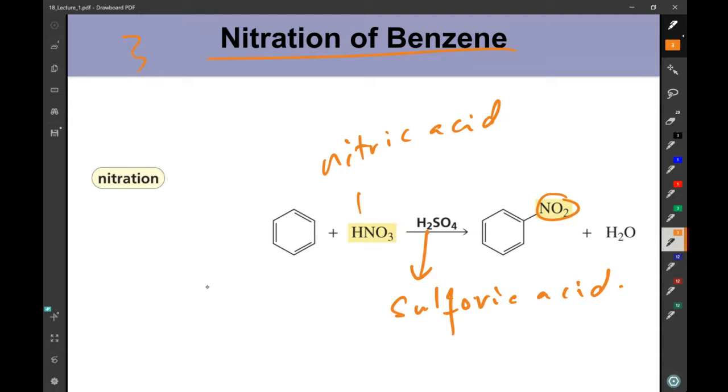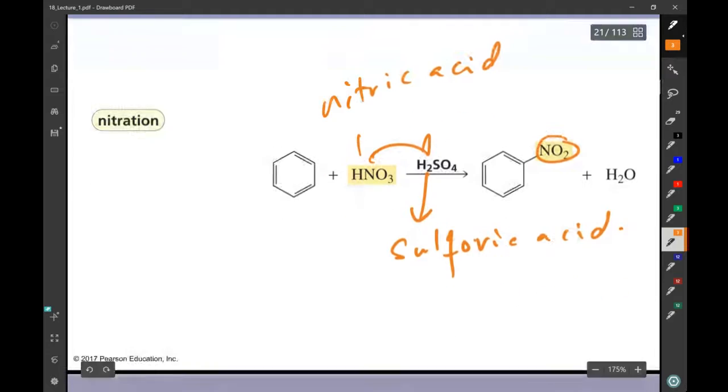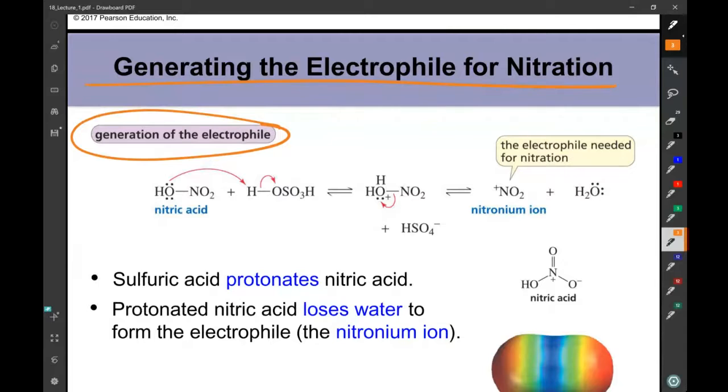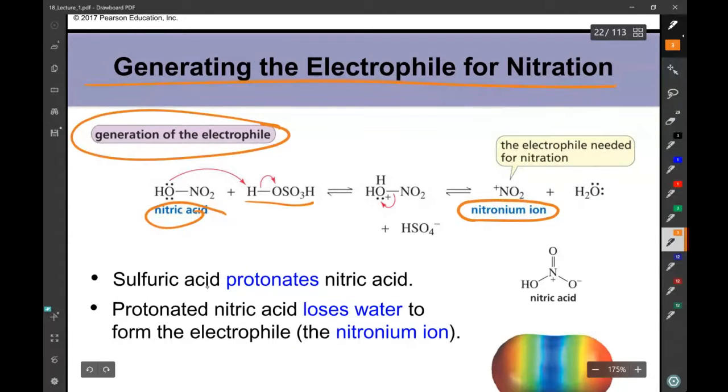And so the mixture of these 2 acids, we call that the nitrating mixture. Just like any other reaction, you have to generate your electrophile. And to generate the electrophile, your nitric acid reacts with the sulfuric acid. And so when the nitric acid reacts with the sulfuric acid, it produces what we call the nitronium ion.